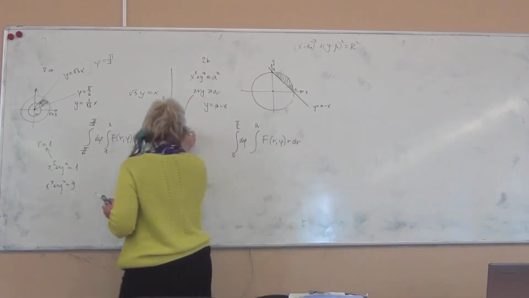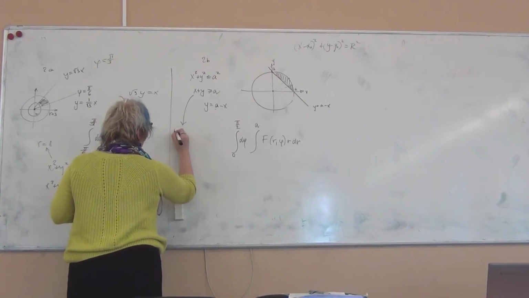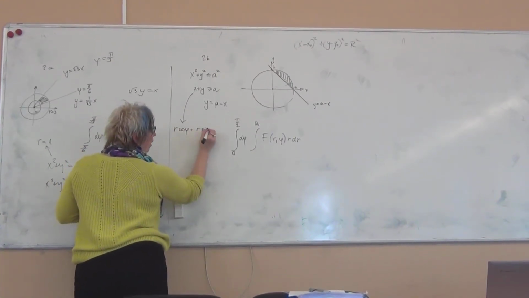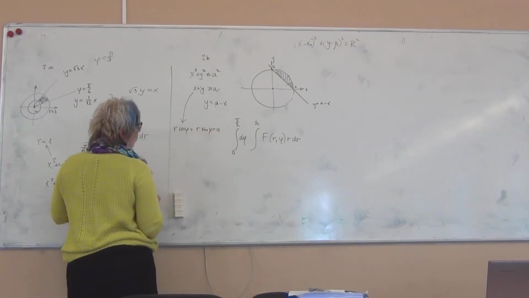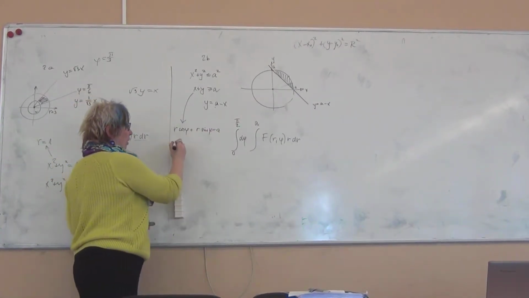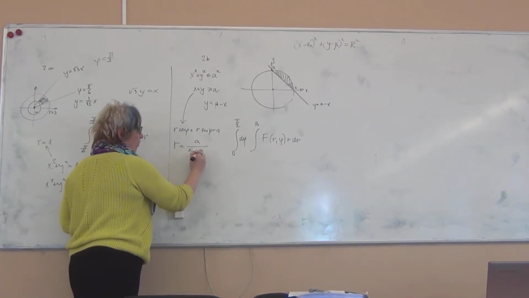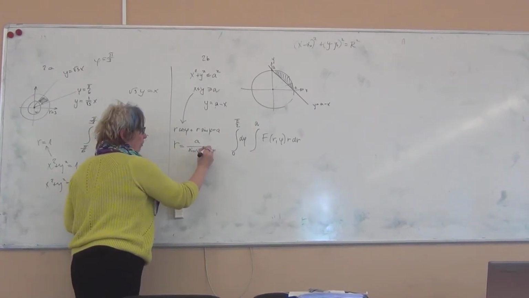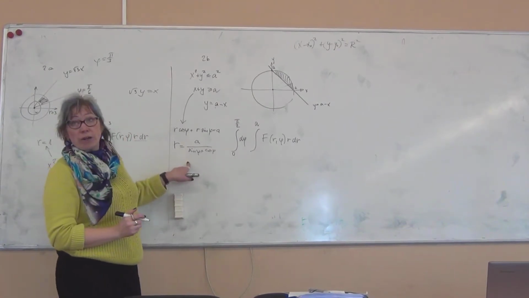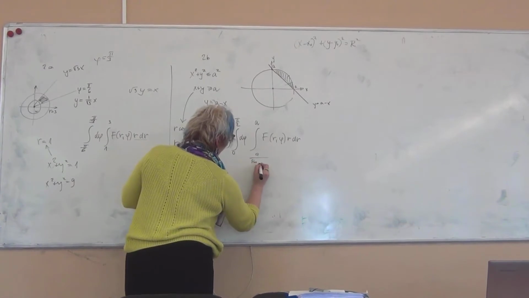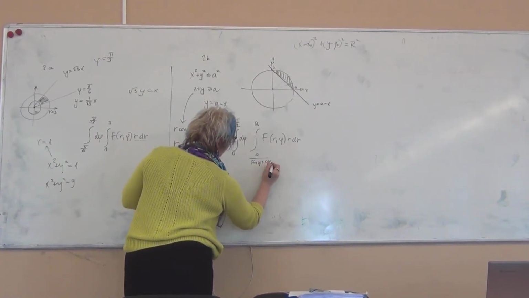The order doesn't matter, but still, x is r cosine phi, y is r sine phi. And if the equation is like this, then I can express r as a divided by sine phi plus cosine phi. So this is the lower boundary. So this is a divided by sine phi plus cosine phi.